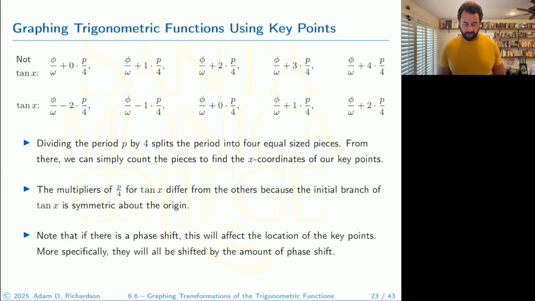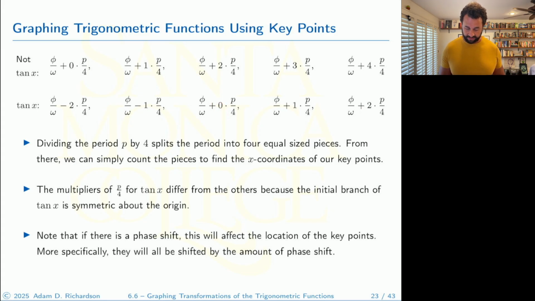So first of all, dividing the period by 4 splits the period into 4 equal-sized pieces, and that's going to be at the quadrantal angles. Then you're just going to count how many pieces you have. Appeal to counting. Make your life easy. So the multipliers for these period over 4s, the reason that they differ for tangent is because the initial branch of tangent is symmetric about the origin, right? That's why it's -2, -1, 0, 1, 2.